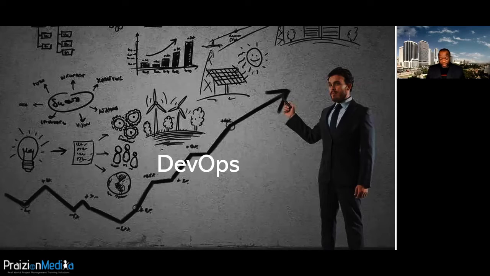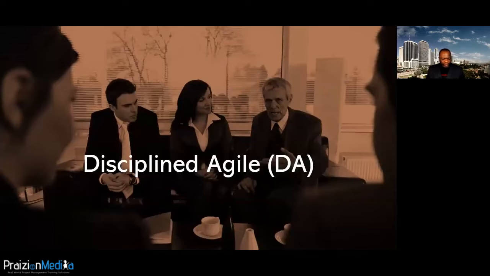DevOps, a collection of practices for creating a smooth flow of delivery by improving collaboration between development and operations staff, hence the term DevOps. Discipline Agile, a process decision framework that enables simplified process decisions around incremental and iterative solution delivery.